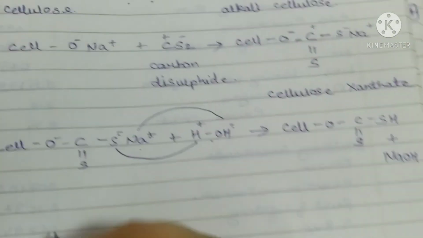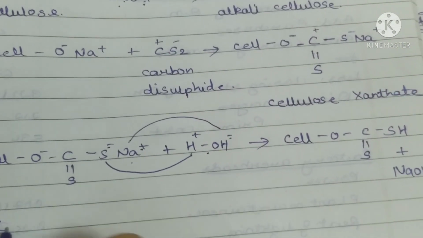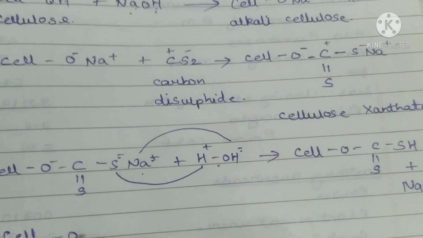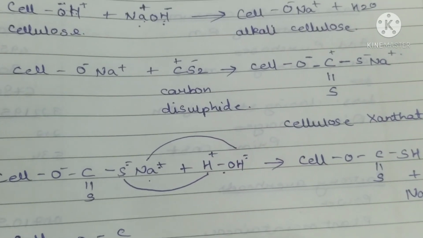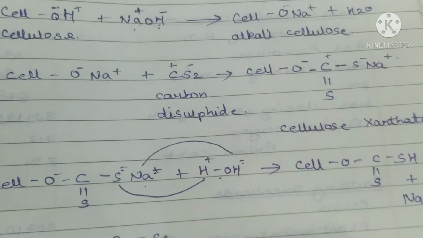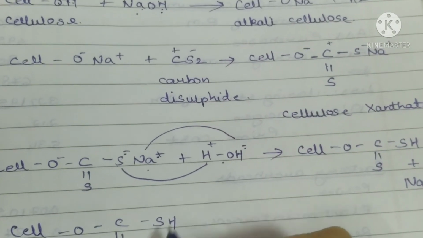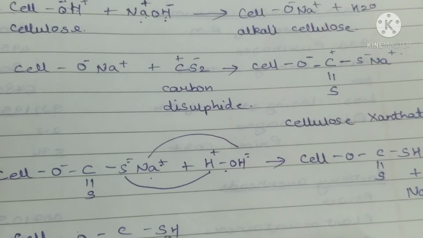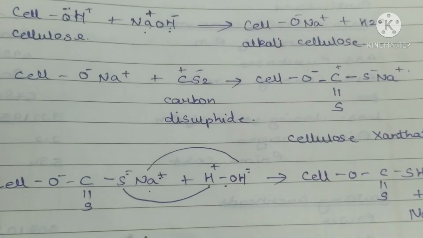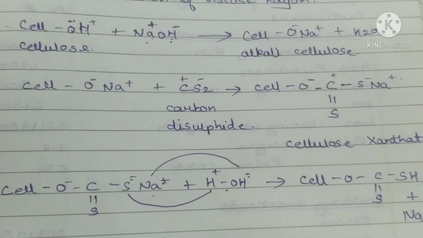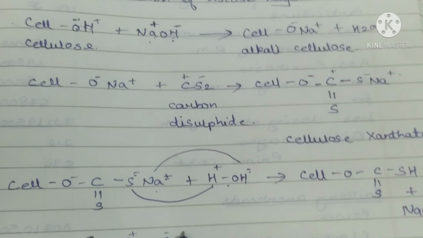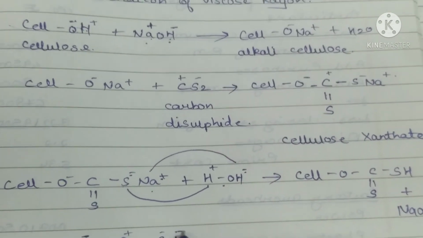Now this product which you got here, that is cell O C S SH, has minus, S is also minus, and H is plus.